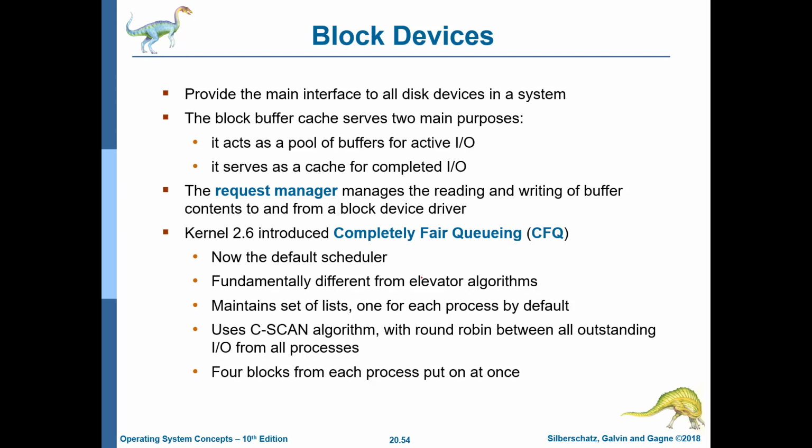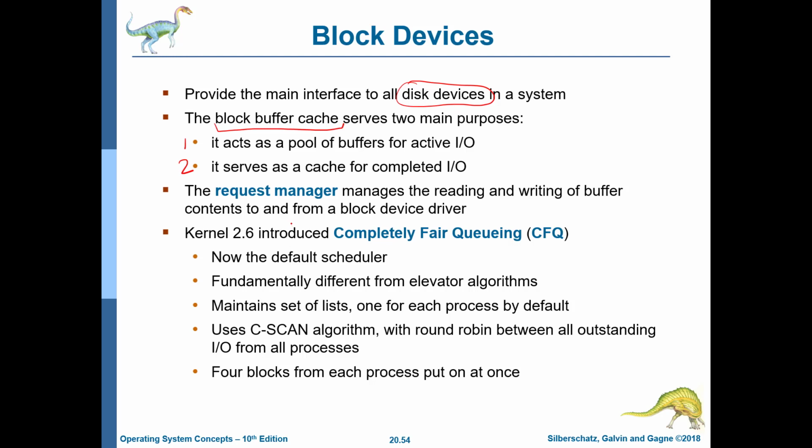So coming to block devices, most of the storage devices and disk devices are predominantly block devices. Block devices have a page cache for their data, and they have a block buffer cache, which serves two main purposes: purpose 1 and 2.